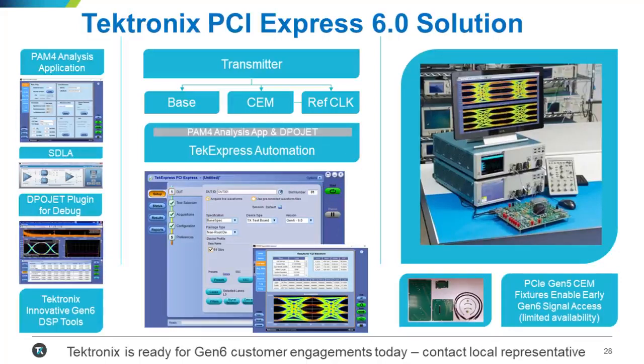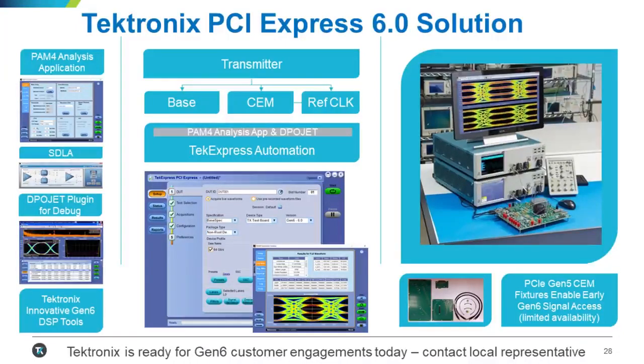CSIM, developed by AMD and provided to the PCI-SIG members, is available supporting PAM4 today. So the work that we did on stress die calibration used CSIM. And in the absence of a SigTest PAM4 version, we've taken it upon ourselves to enhance our own algorithms in SDLA, DPOJET, and our PAM4 analysis app to support Gen 6.